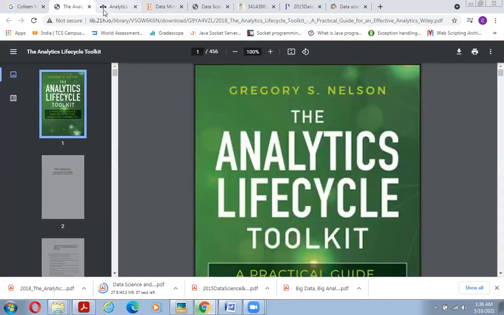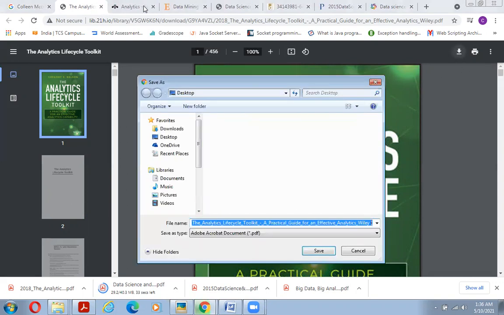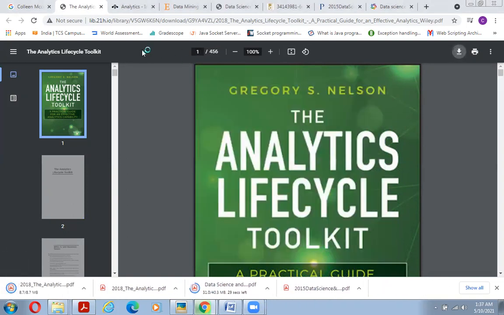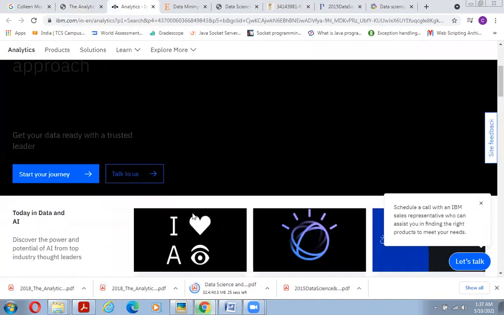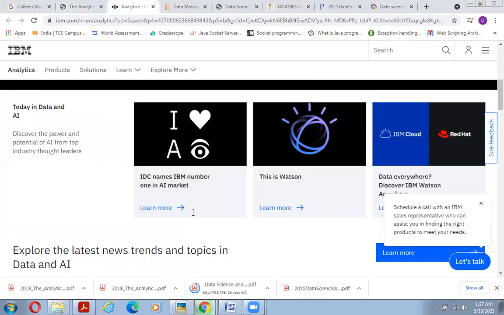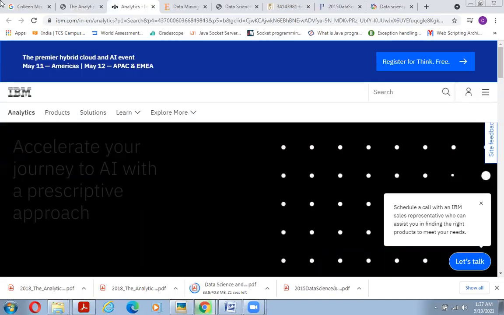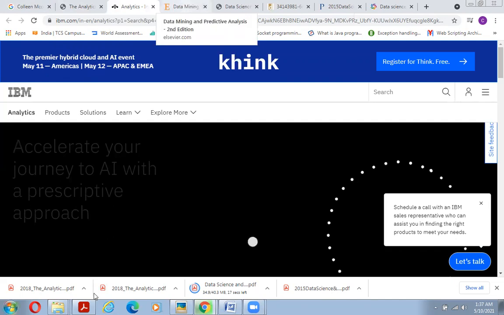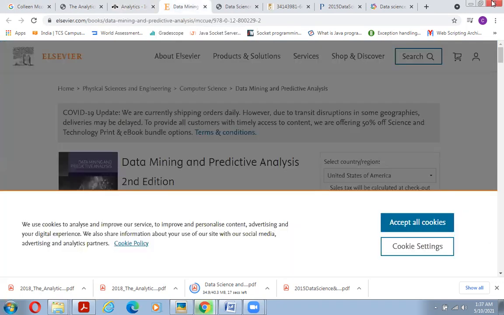This book is from 2018, with the latest tools and data sets. This is the AI page. Now we can get help from IBM also. If we're able to learn, these pages help us in our learning.